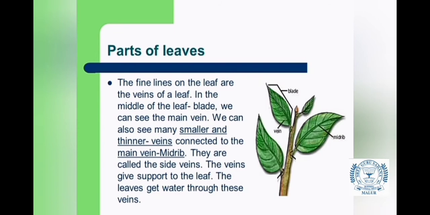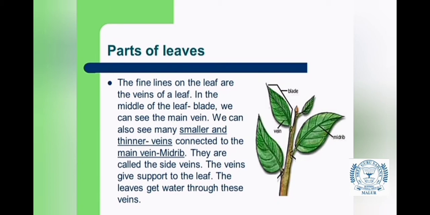So now let us look into the parts of leaves. So here the fine lines of the leaf are the veins of a leaf. So you can see here in the middle of the leaf there is the blade. We can see the main vein. We can also see many smaller and thinner veins.